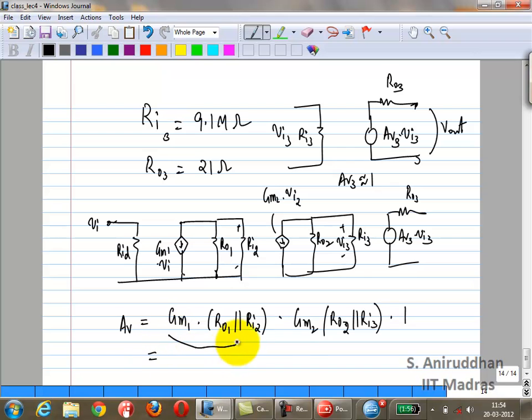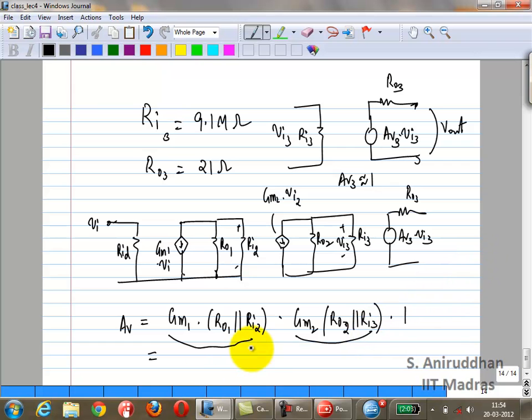Can somebody calculate these two numbers? What is it? 3.2 into 10 raised to 5. That is the overall. That is correct.